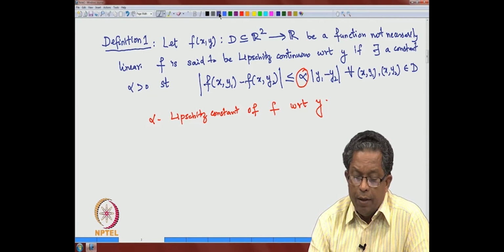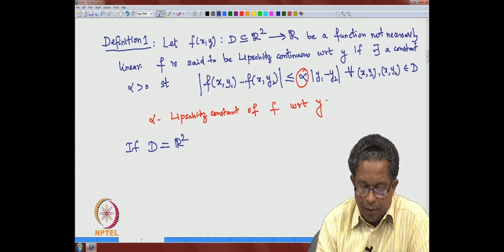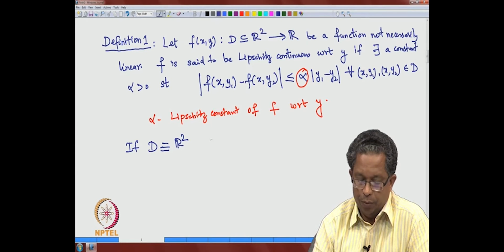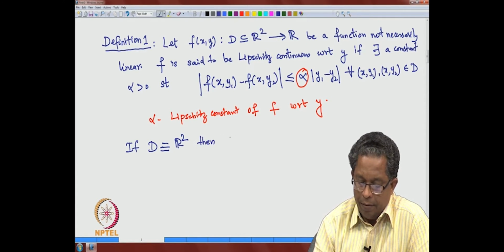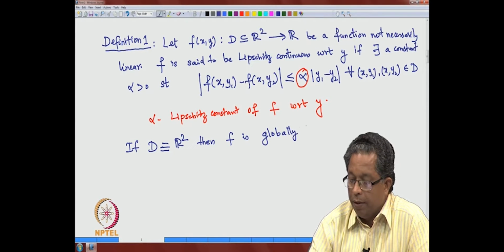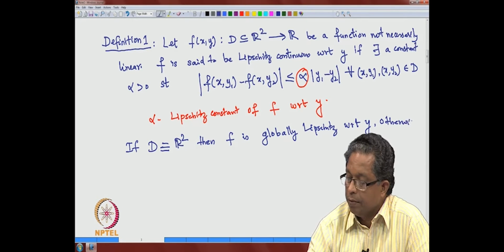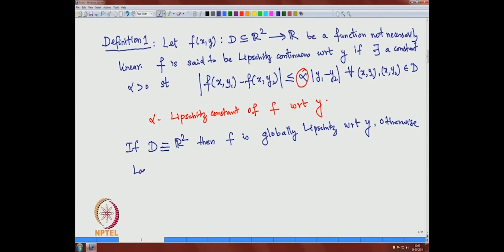Now, as in the single variable case, if D is the entire space R2, then we say that f is globally Lipschitz continuous with respect to y, otherwise locally Lipschitz.